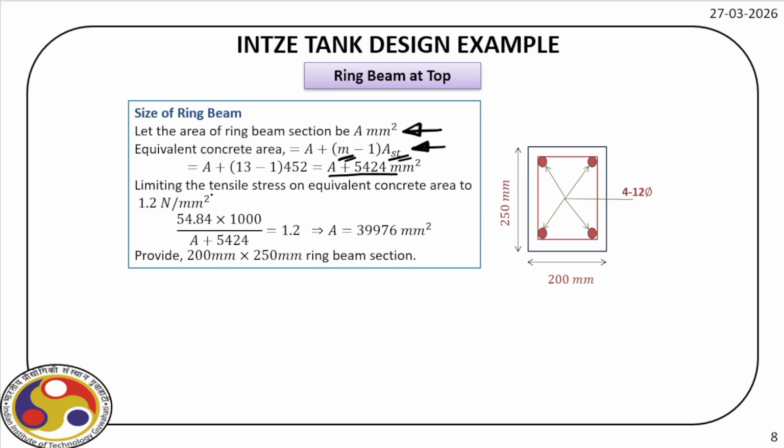Now limiting this tensile stress of equivalent concrete area to 1.2 Newton per millimeter square, we can easily find out the area of the beam required, which is 39,976 millimeter square. So we can provide 200 by 250 ring beam. So as you can see here, 200 width, 250 depth ring beam, and there are 4 12 phi bars.